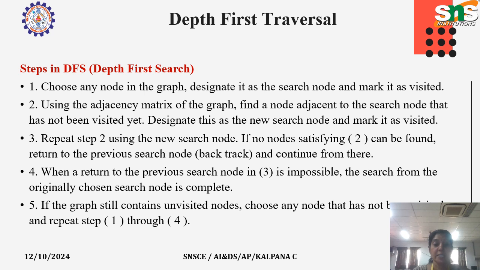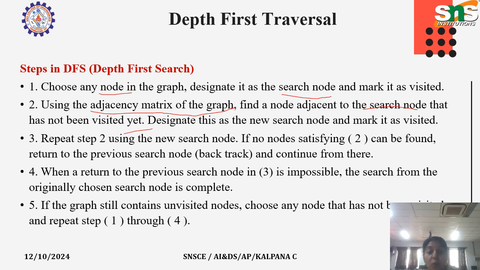So these are all the steps involved in depth first traversal. Choose any node in the graph and designate it as the search node, the same as in breadth first traversal. Using the adjacency matrix of the graph, find a node adjacent to the search node that has not been visited.